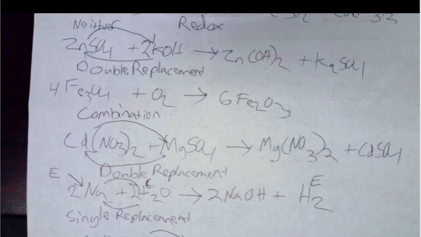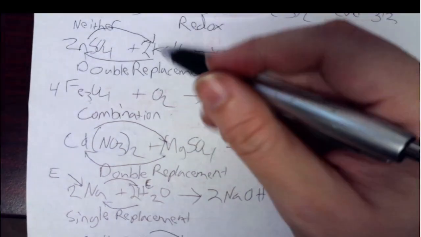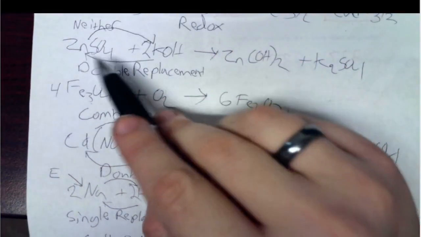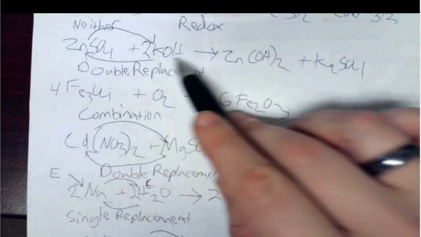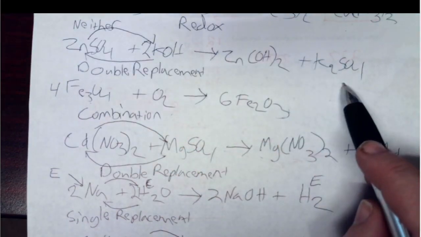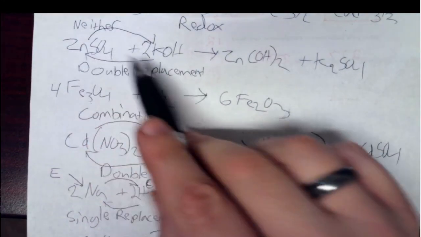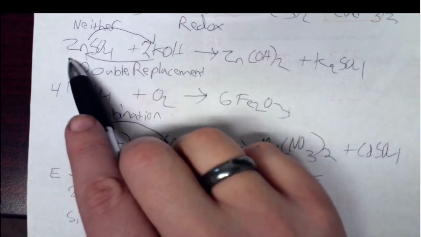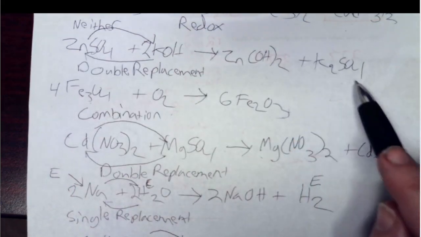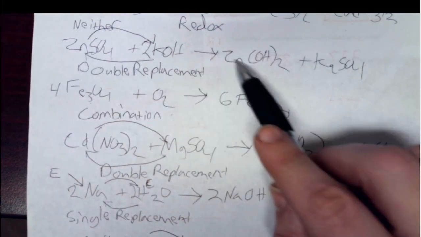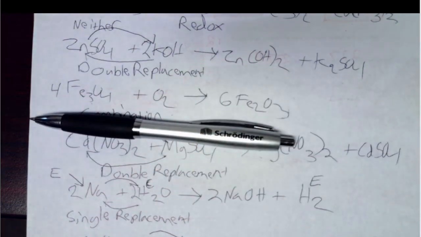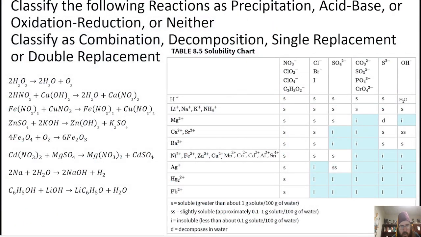As far as this one, step 1, no pure element, no pure element, no pure element, no pure element. Step 2, hydroxide but no acid, no water. So it's not acid base. So next is to go to the chart. So potassium sulfate. Potassium is in row 2. Sulfate is in column 3.